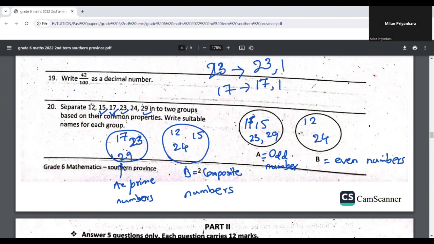For the composite numbers, there are more than 2 factors. For example, for 15, you have the factors 1, 3, 5, and 15. These are the factors of 15. So a composite number has more than 2 factors. Prime numbers have only 2 different factors, right?